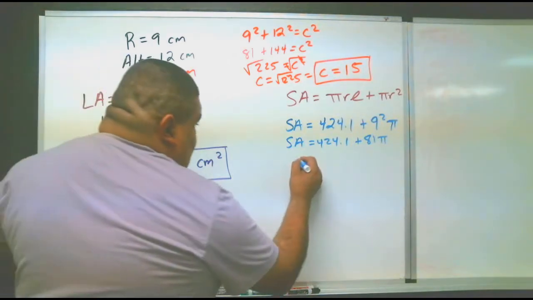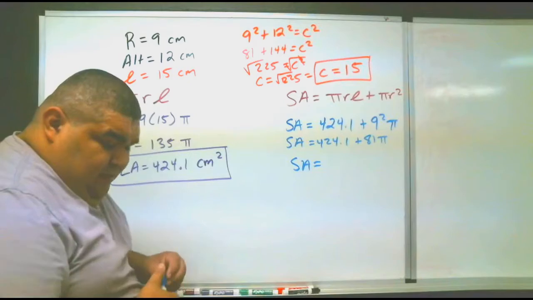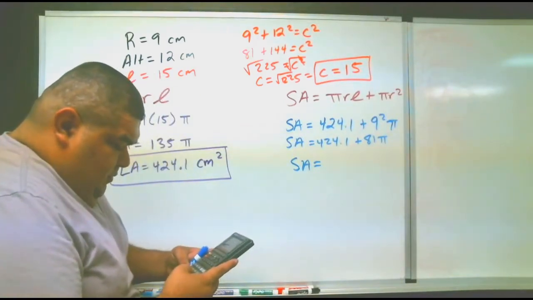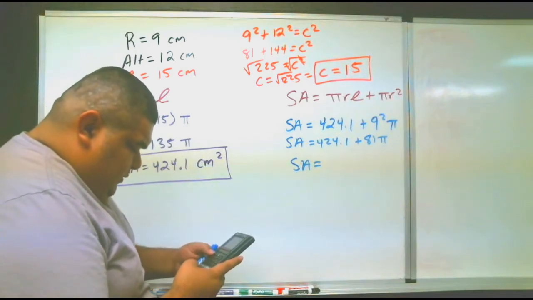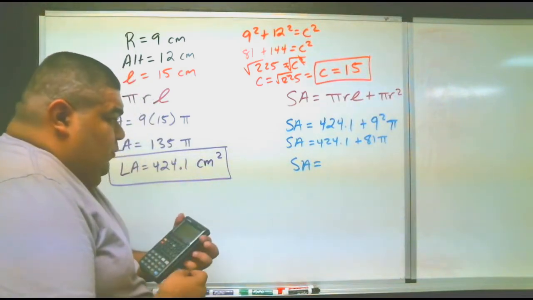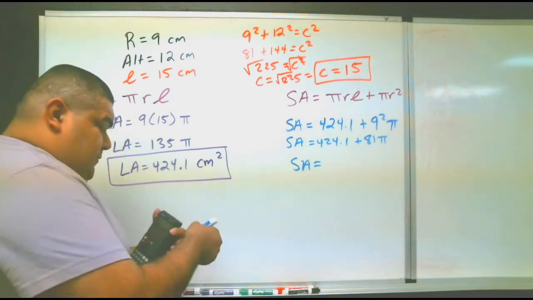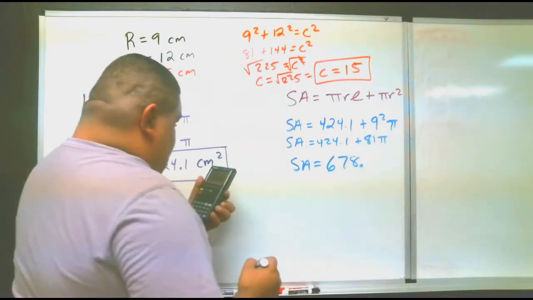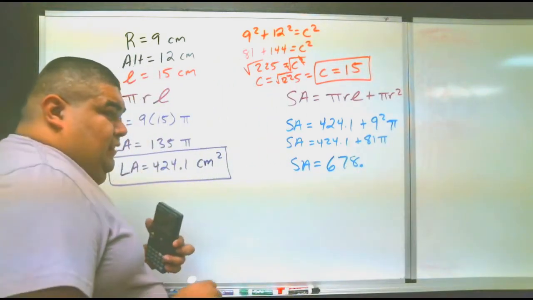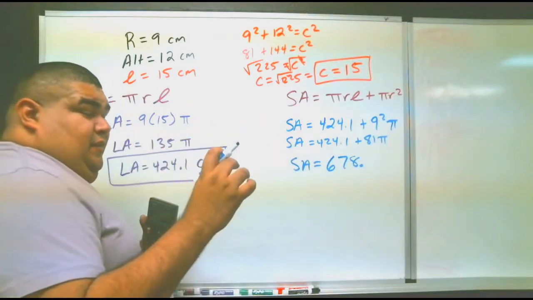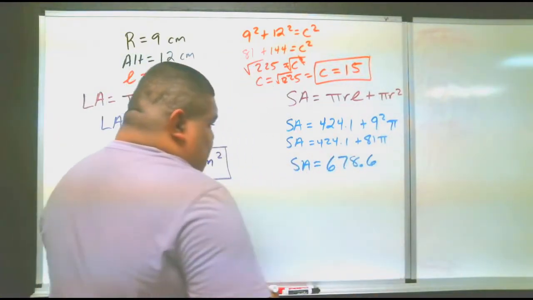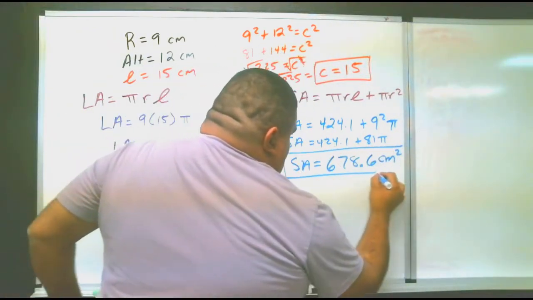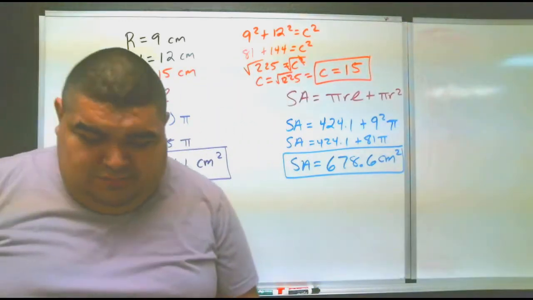And then we plug it into the calculator. So the surface area equals 424.1 plus 81 pi, which comes out to 678.56. Okay? Since the 6 is bigger than 5, it makes the 5 a 6. Centimeters squared. And we are done.